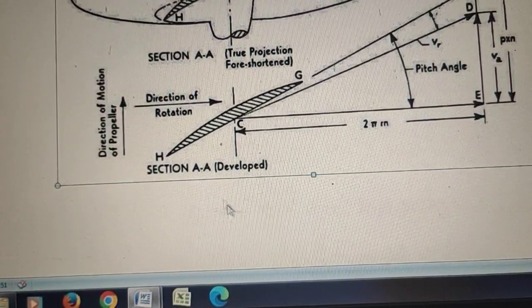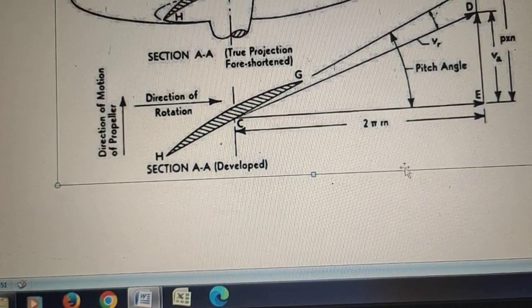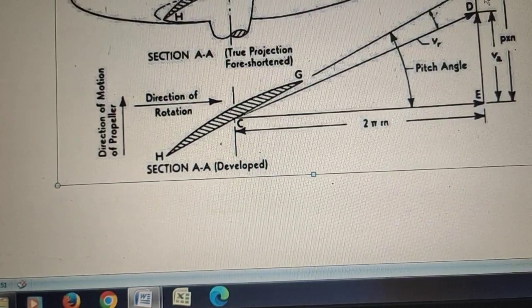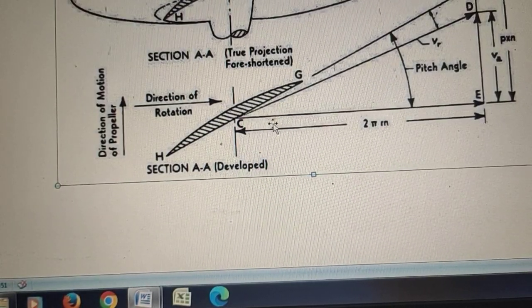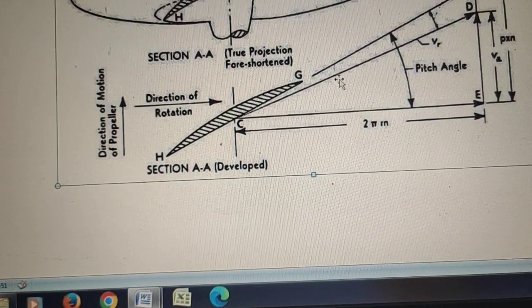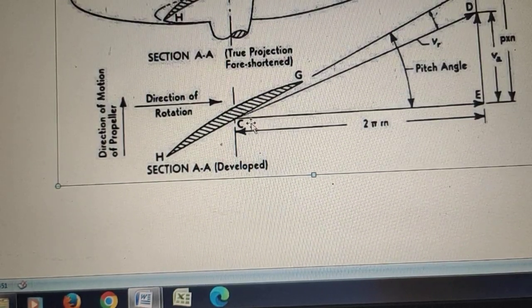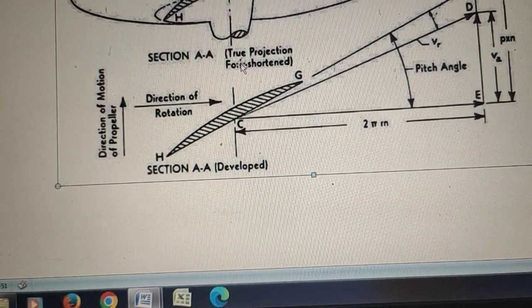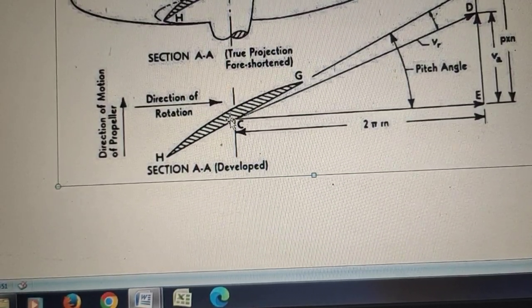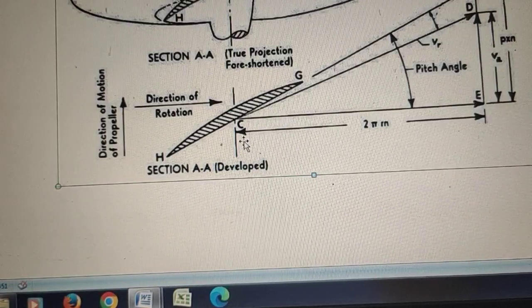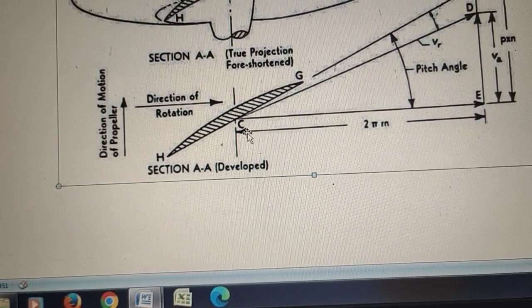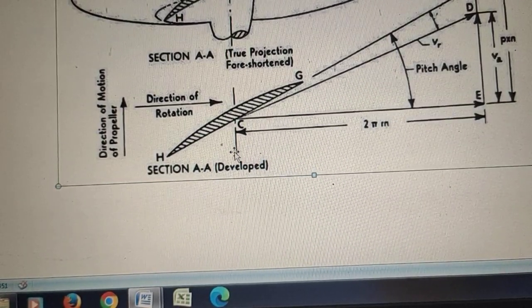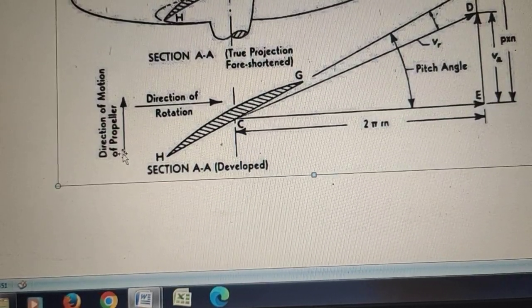So if the direction of rotation is in this way, you see, the angle of attack to this blade section can be measured, and that's why we say this is the pressure side and this is the suction side. It is here that pushes the vessel, develops the thrust.